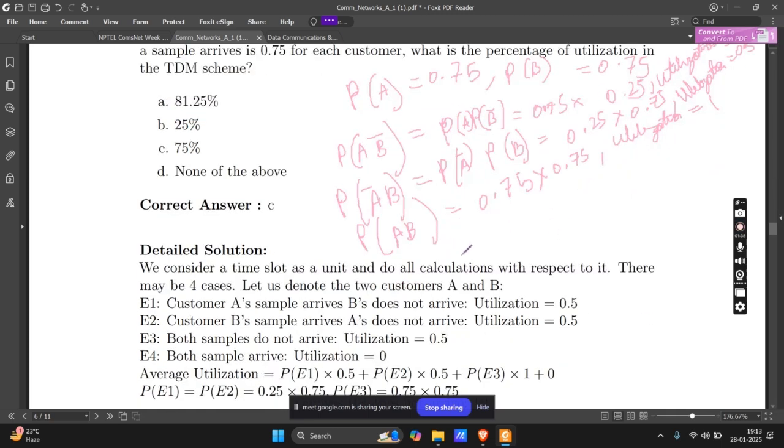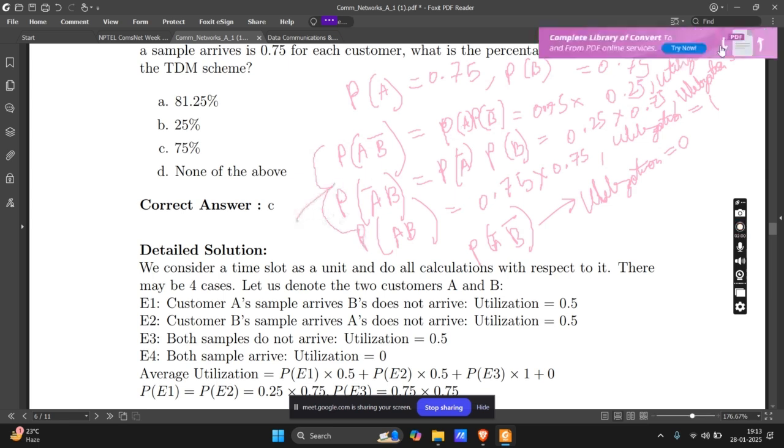Now, when both of the packets do not arrive, utilization is 0 because you are not utilizing anything. Your channel is just sitting idle. So we don't need to calculate that probability because anything into 0 is 0. We just need to sum up these three terms multiplied by their utilizations.